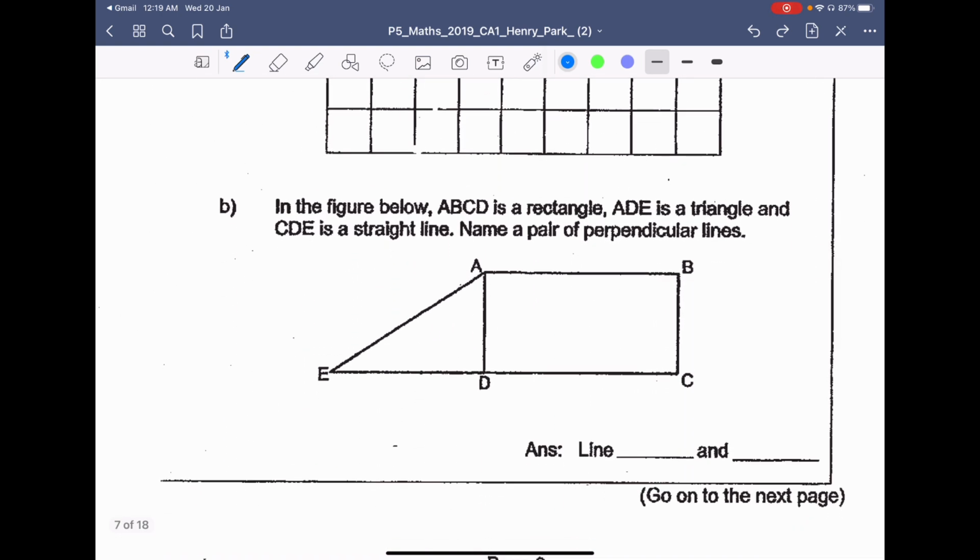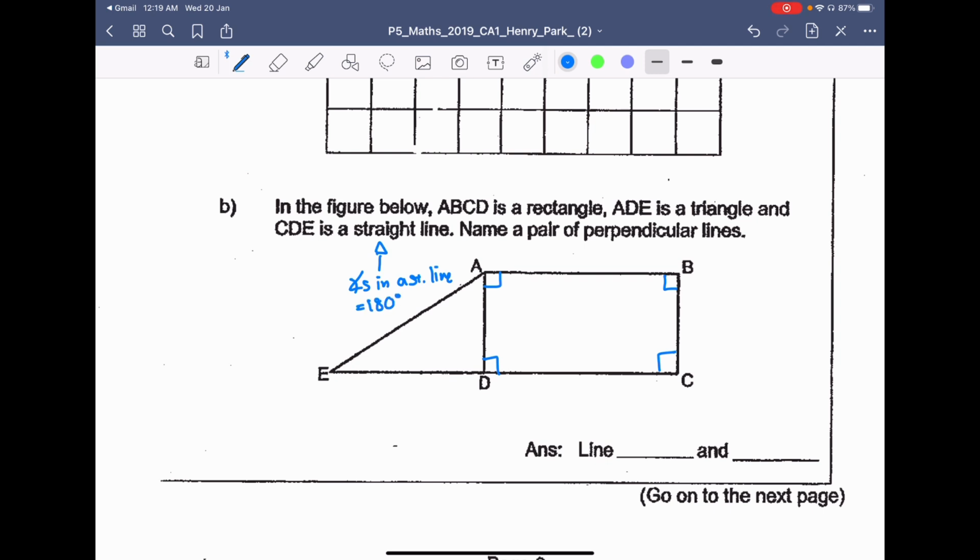In the figure below, ABCD is a rectangle. Properties of a rectangle is such that all four angles are 90 degrees. ADE is a triangle and CD is a straight line. So for a straight line, angles in a straight line equal 180 degrees.